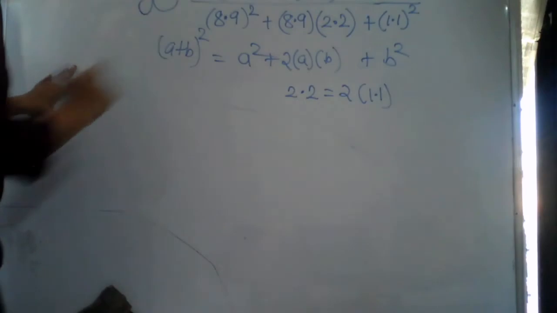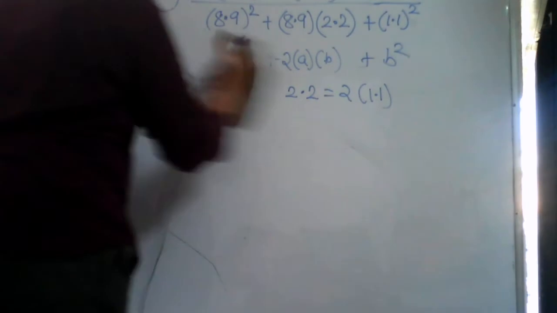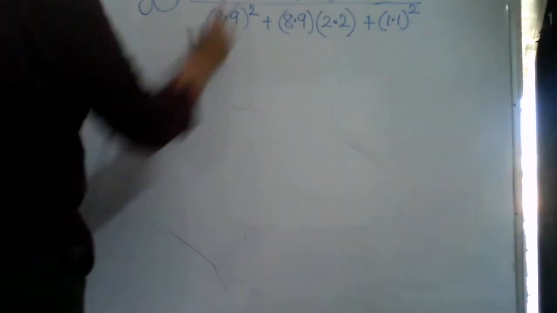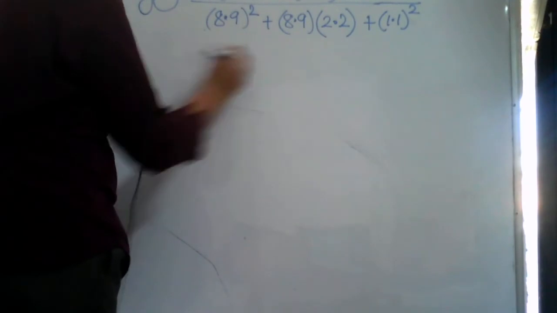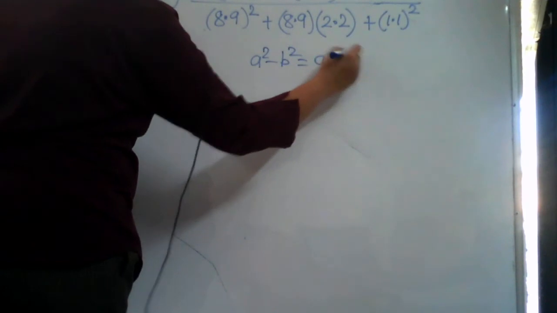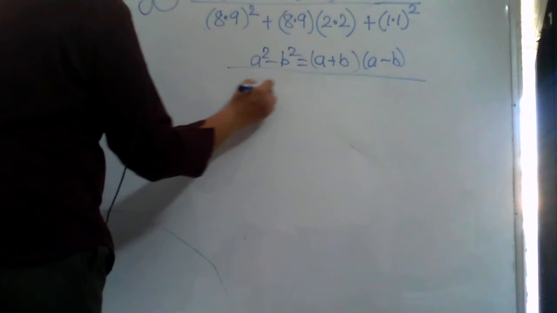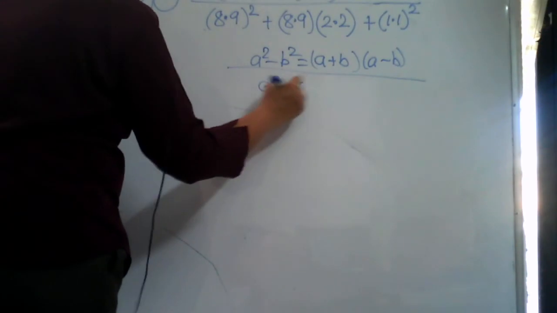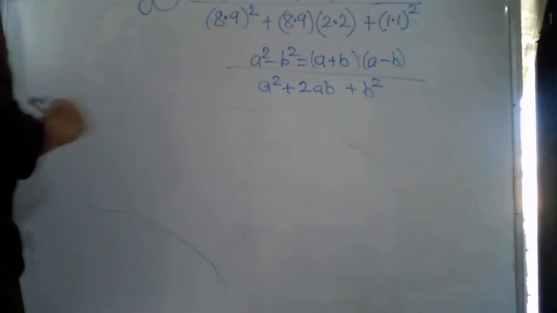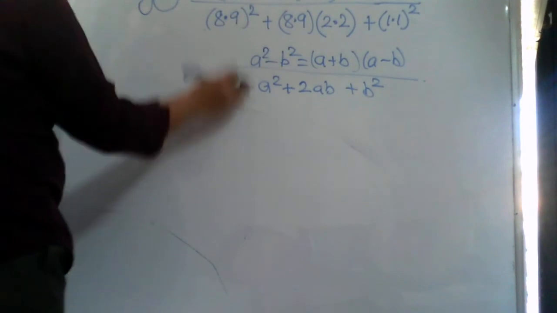Now let us see how we can do this. A square minus B square is equal to A plus B into A minus B will be the numerator. In the denominator, A square plus 2AB plus B square is what we are going to use. This is not a step, this is to refer to what we are using in the numerator and denominator.